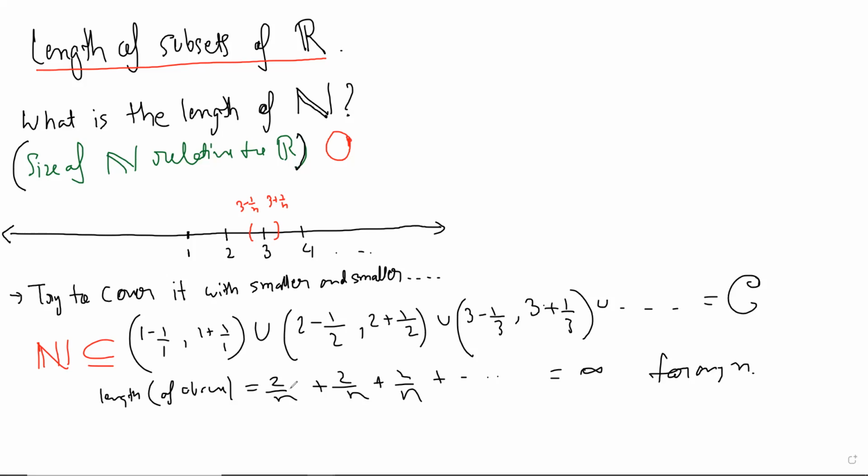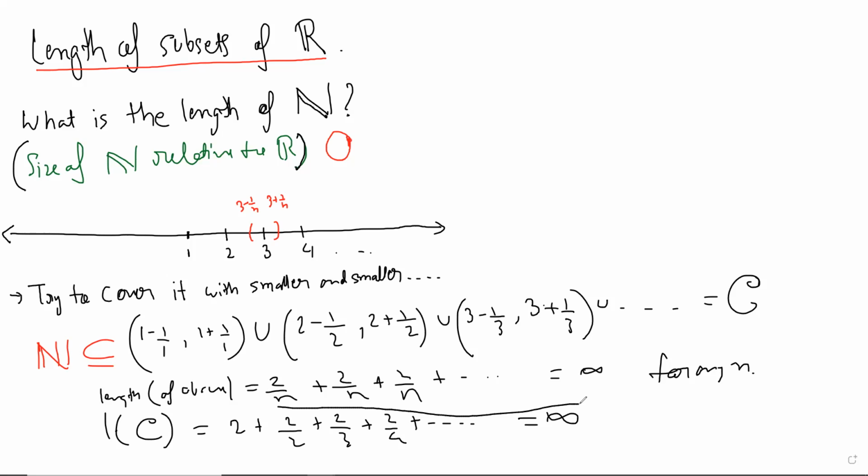Yes, but it will not work still, right? If you take the length of this new cover, this also does not work because now the length, though it is decreasing, you have 2 plus 2 by 2 plus 2 by 3 plus 2 by 4, right? But this also is infinite. And we know this harmonic series.